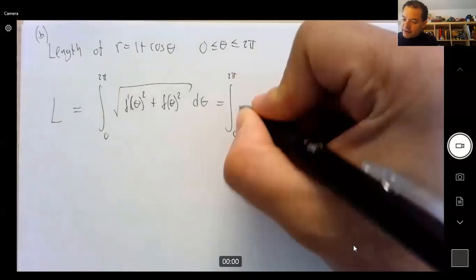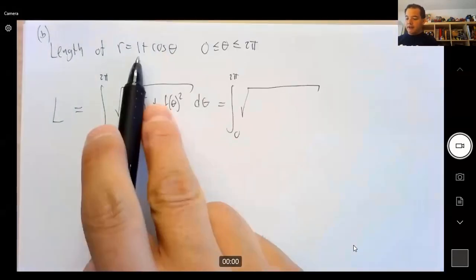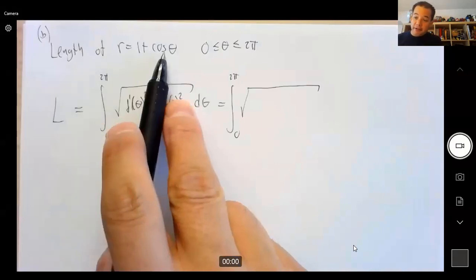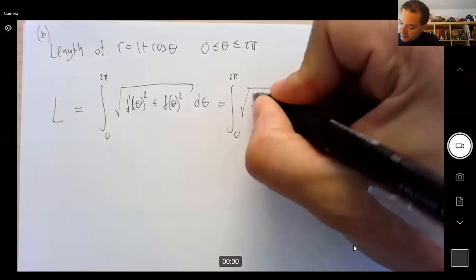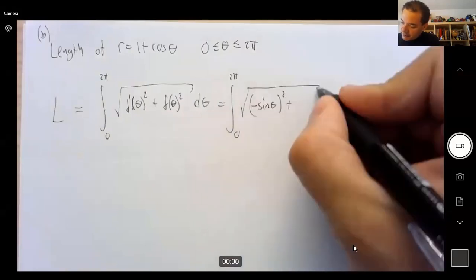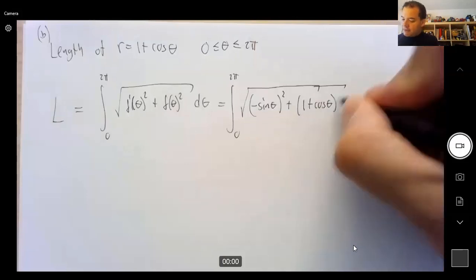What is the derivative of this? The derivative of 1 is nothing. The derivative of cosine is negative sine. So it's negative sine squared plus the original function squared. Correct?